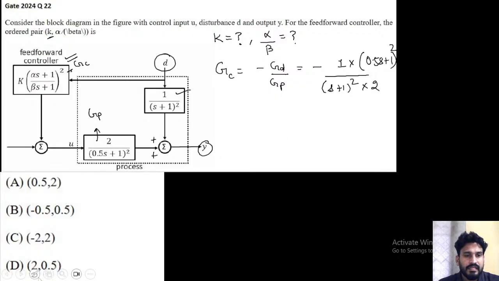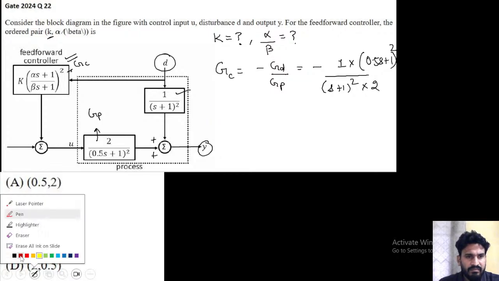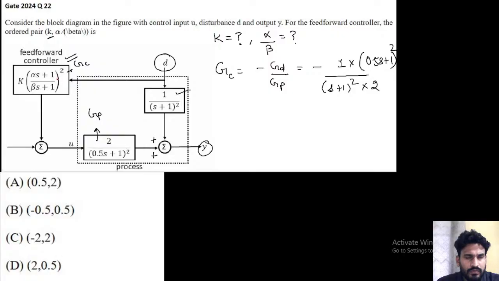Is it clear? Just simplify this according to this format, because ultimately I have to make it GC in this format. So GC is equal to minus 1 by 2, and there is a numerator, there is a denominator, and its whole square.